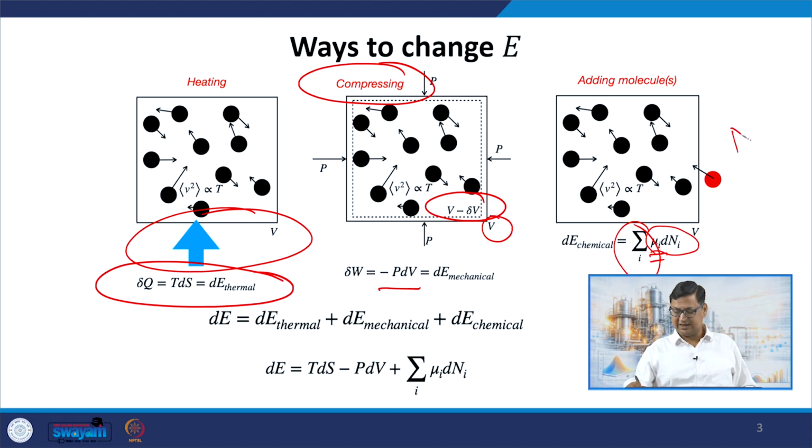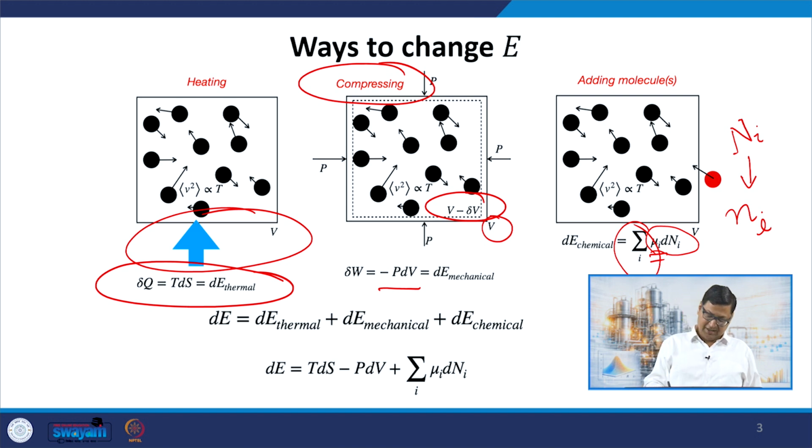So, whenever I say capital N_i, I am referring to the number of molecules of species i, but later on you will see I am also referring to the number of moles, which I will represent by small n_i, right, because the definitions that you may have read in chemical engineering thermodynamics could have been in terms of the number of moles, that is typically used more than the number of molecules.